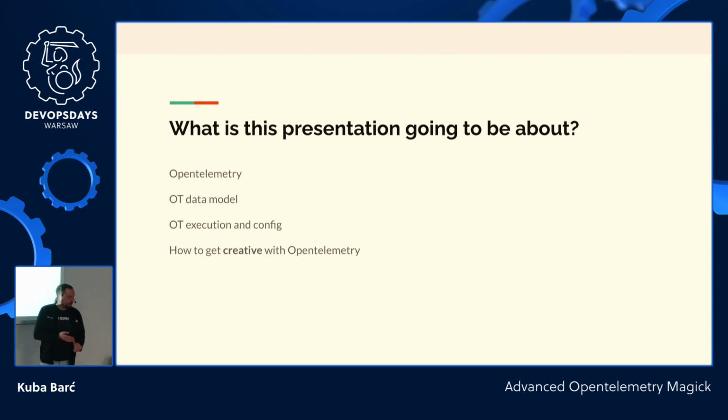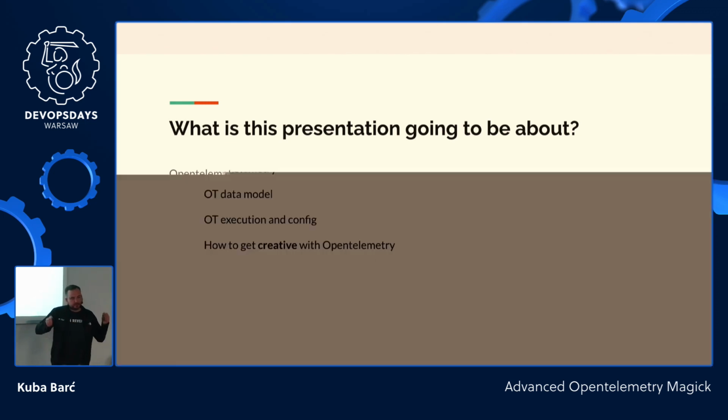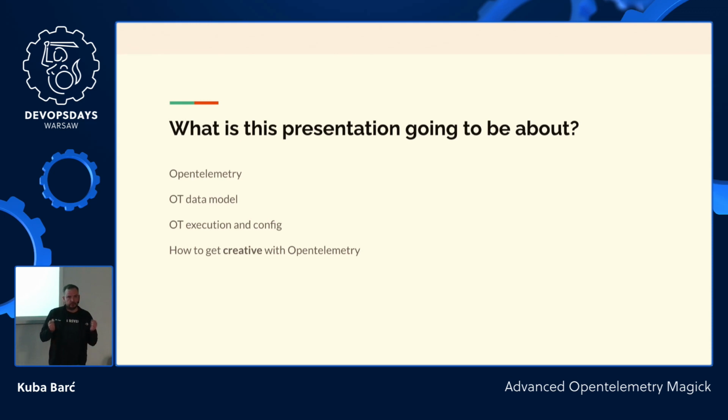I'm going to cover OpenTelemetry and the OpenTelemetry data model, which I think is the most crucial part to understand when you think about what's flowing through your pipelines, so that you know how it's built internally. It maps pretty well between the config, when you configure your collector, and the internal data model, how it is actually represented in the code, and how to get creative with OpenTelemetry.